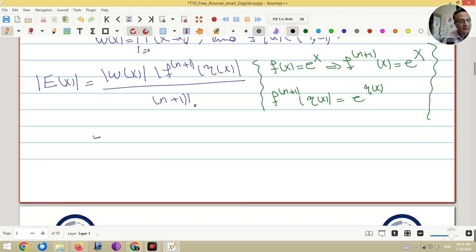So we can write here absolute value of w(x), and instead of this one we put e^(eta(x)). We know that this value is positive, so we can ignore the absolute value, or let me put it, no difference, over (n+1)!.